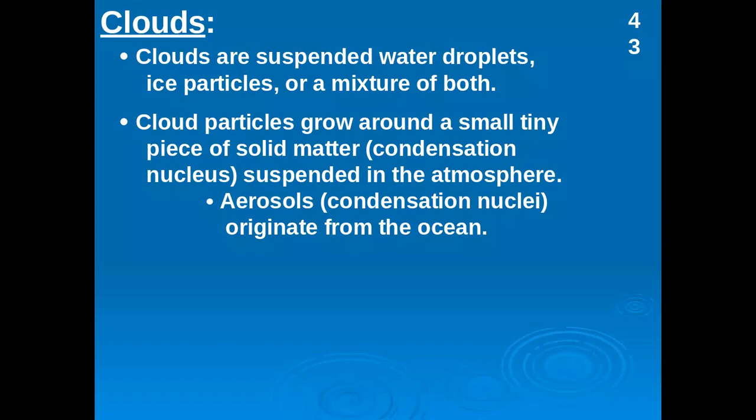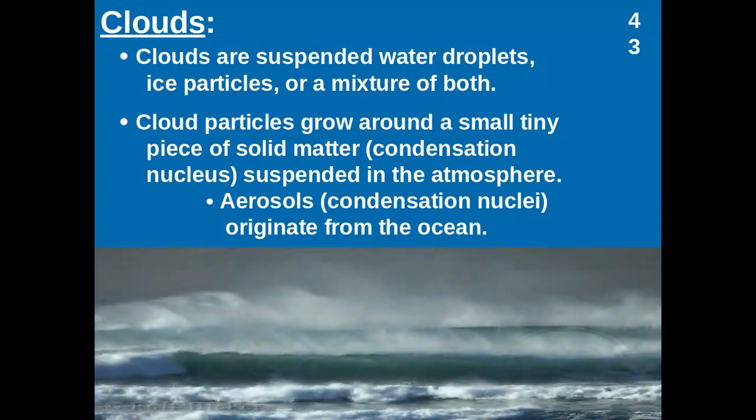What natural way to put these small bits of matter into the atmosphere? And that would take us to the ocean. So most of the condensation nuclei originate from the ocean, and it originates from the ocean in regards to salt particles, which come in the way of ocean spray.